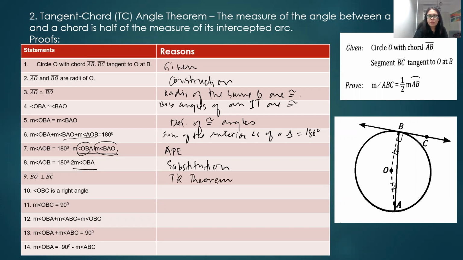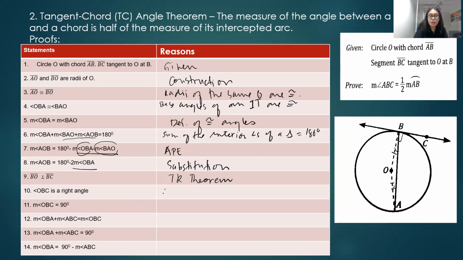Now, angle OBC is a right angle. OBC is a right angle because this is about perpendicularity, no? When two lines are perpendicular, we are able to create a 90-degree angle, and one of the 90-degree angles, since the two are perpendicular here, is OBC.